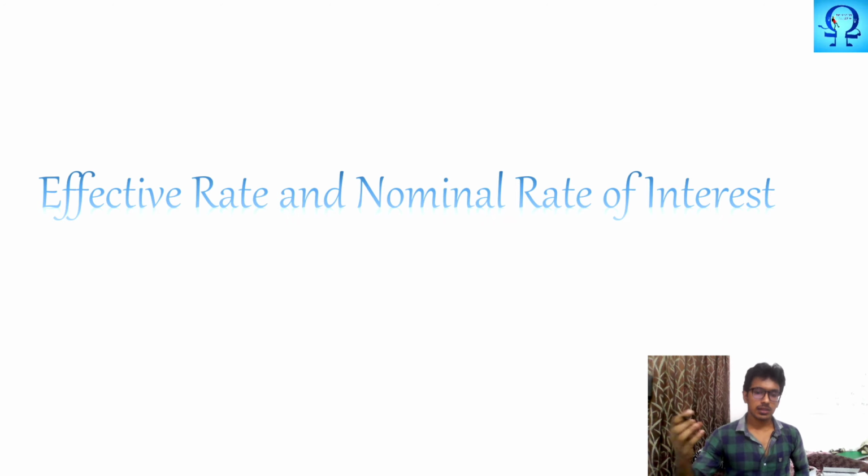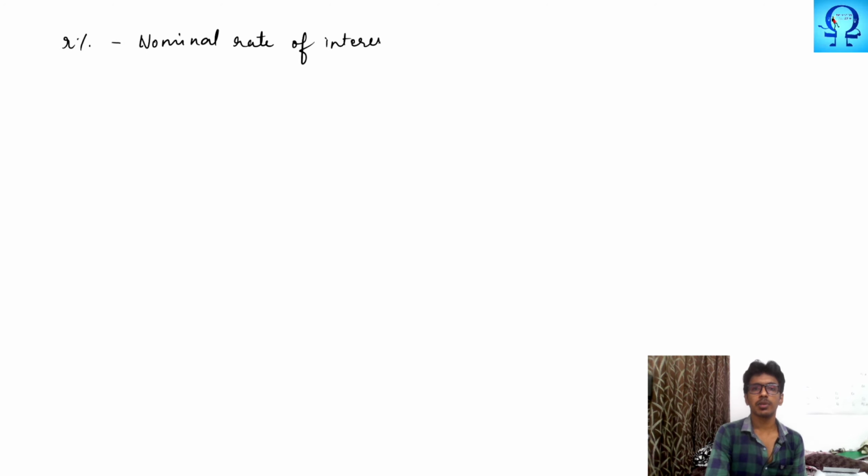Now let us start the technical details of effective rate and nominal rate of interest. During a compound interest calculation, we are given some rate of interest that we represent as R, and this is what we call the nominal rate of interest. It is specified in whatever problem we deal with.